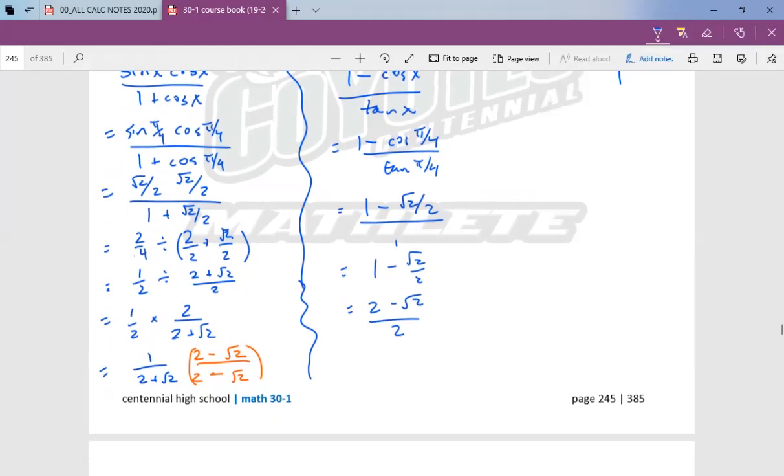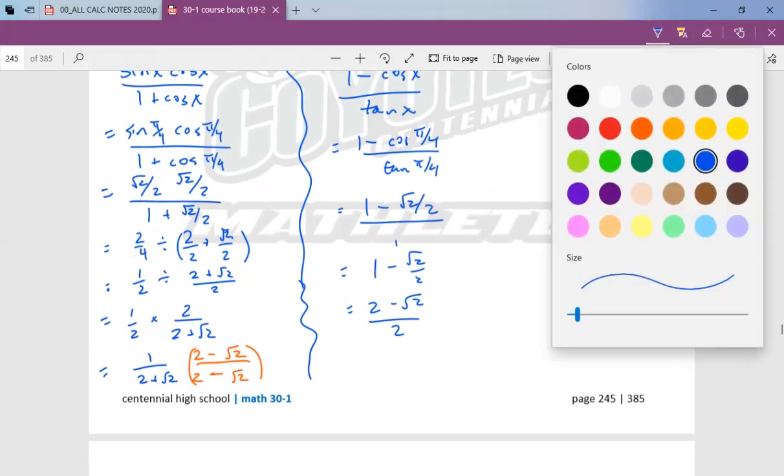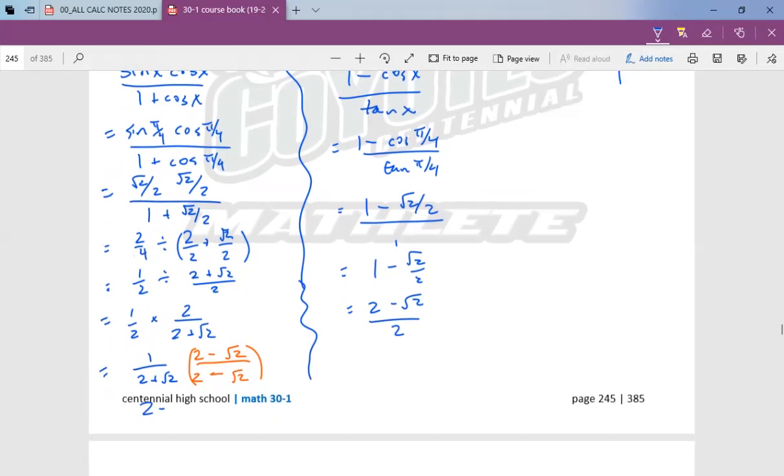Our numerator ends up being 2 minus root 2. And then our denominator ends up being the idea behind using this conjugate to multiply. 2 times 2 is 4 for those first two terms. The outside and inside terms will subtract to 0.